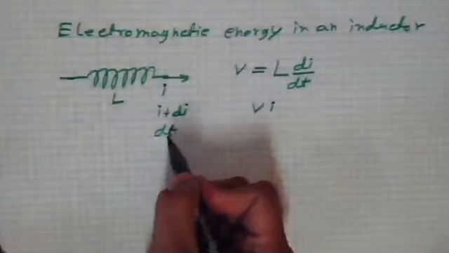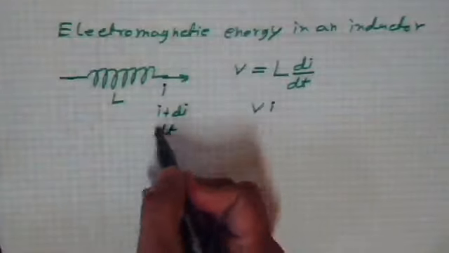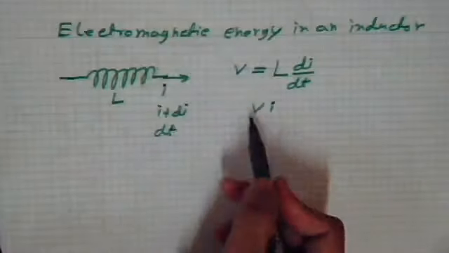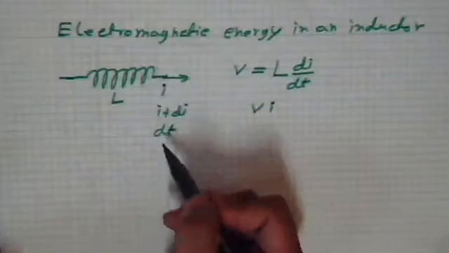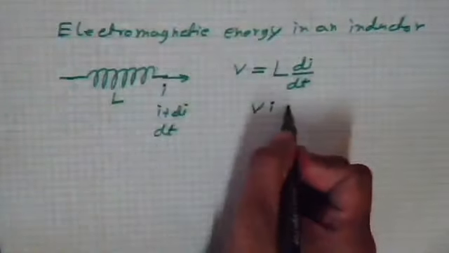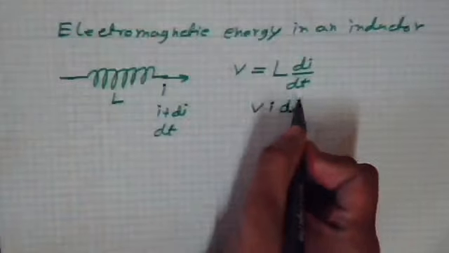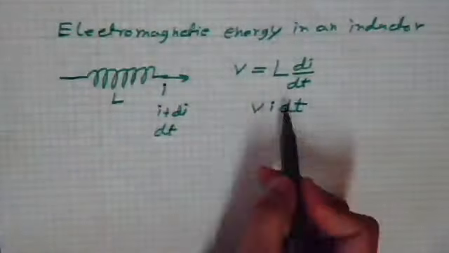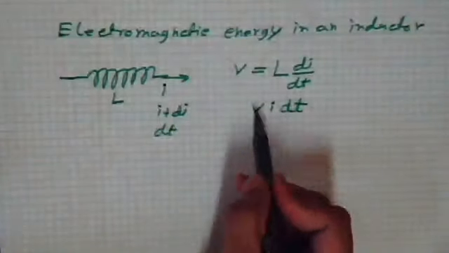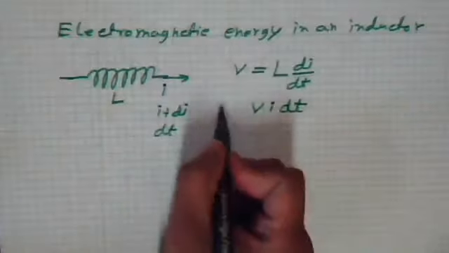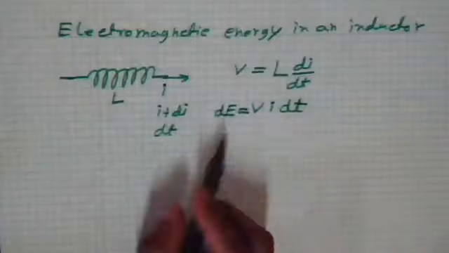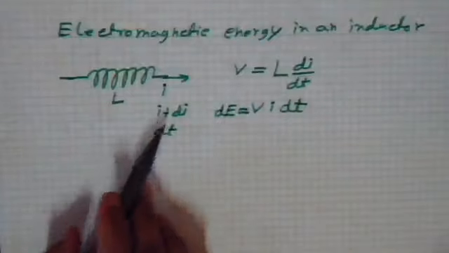And since I increase the current in dt time, this voltage is in existence for dt time, and within this time the total amount of energy I require is power times time. So V I dt is the amount of energy required to increase the current from I to I plus di.